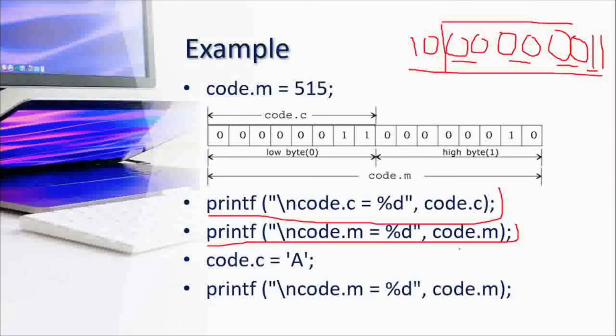When we assigned a value to m, it affected the value of c also. Then, since c is a character, if we assign a character value to c, code.c is equal to 'A', the ASCII value corresponding to A is 65, as we know.